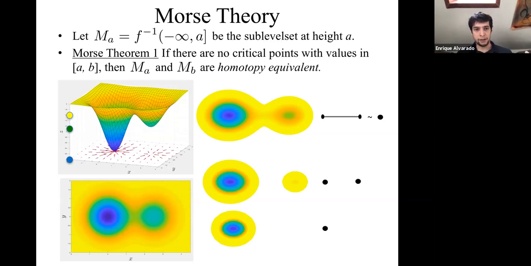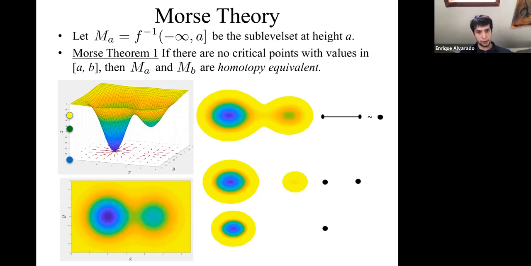The graph of the function is this yellow, green, blue, and purple surface with 3 critical points. There are 2 local minima, 2 index 0 critical points, and there's 1 index 1 critical point, 1 saddle. And the value of the saddle is labeled in green.